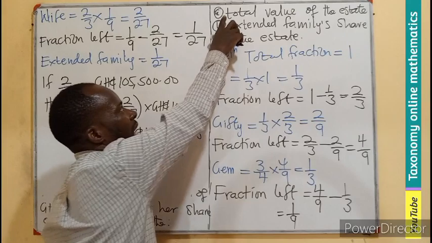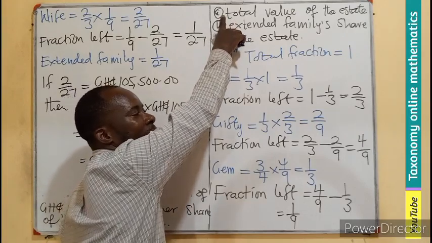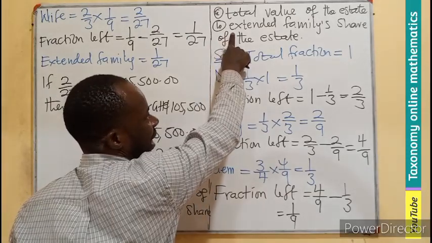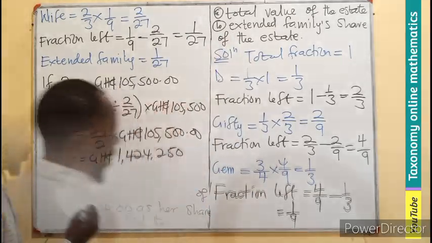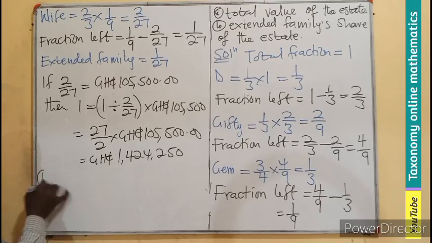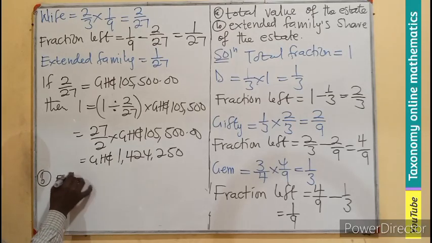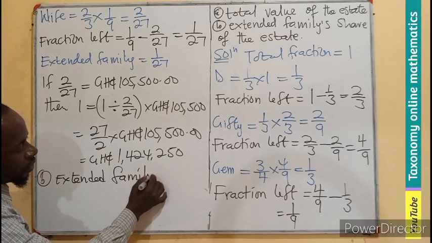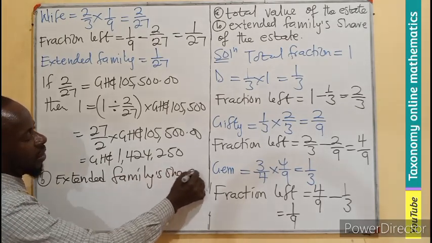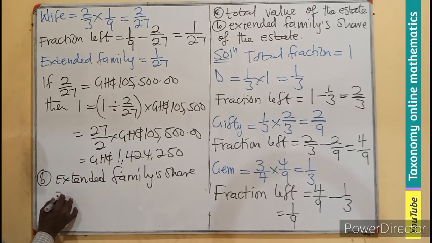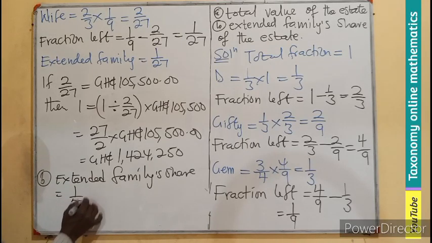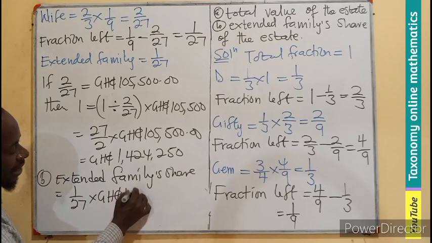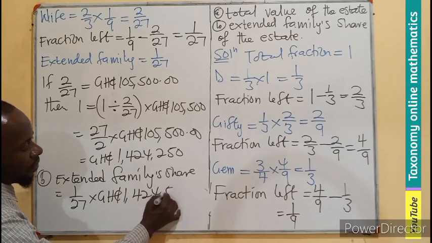So we are now answering the A part. For the B part, which is the extended family share, we are just going to say that the extended family share is going to be the fraction they receive, which is 1 out of 27, times the amount that the estate is worth.